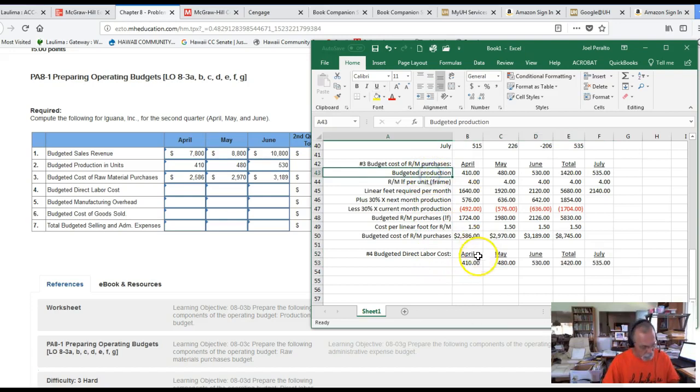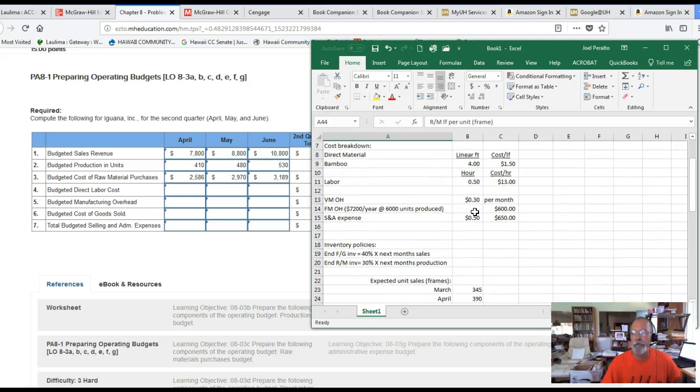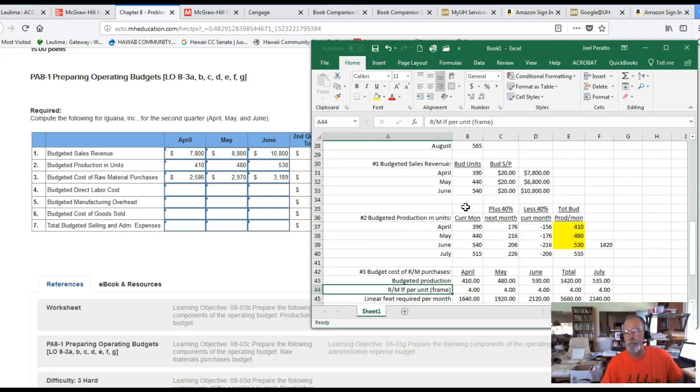We have budgeted production, and for materials we use raw material linear foot per unit or frame. So that was 4 linear feet per unit. For labor it's 30 minutes or half an hour. So we're going to be working with hourly costs, so we'll use 0.5 hours and not 30 minutes.